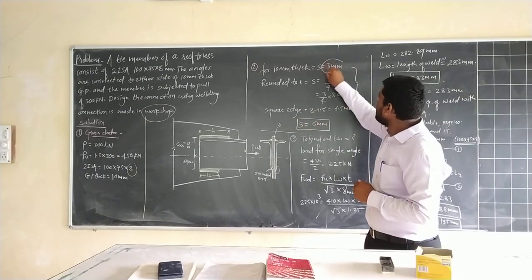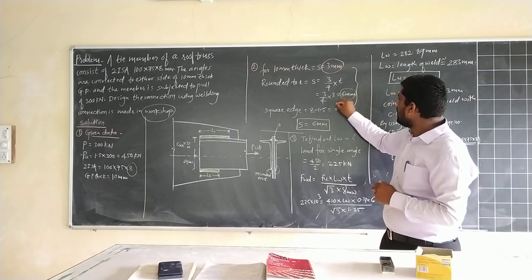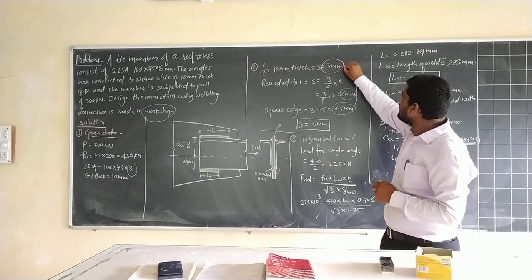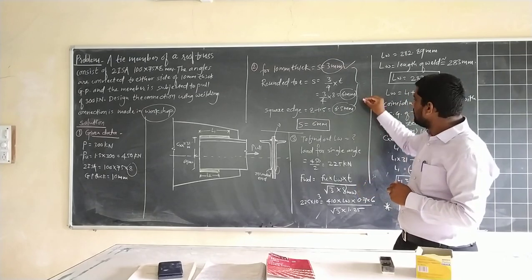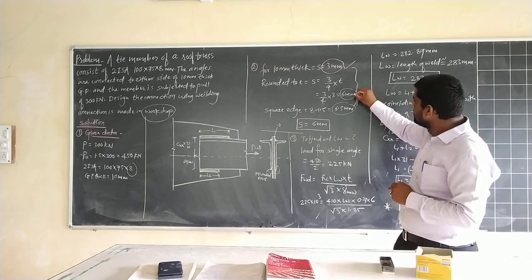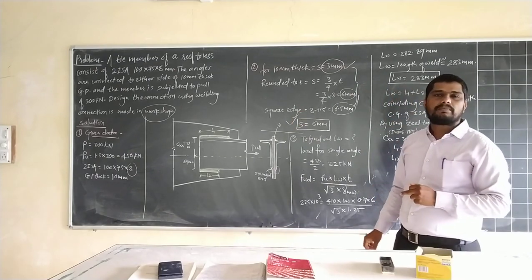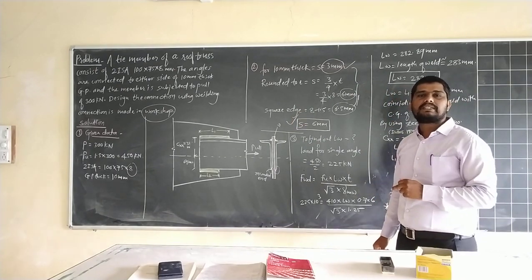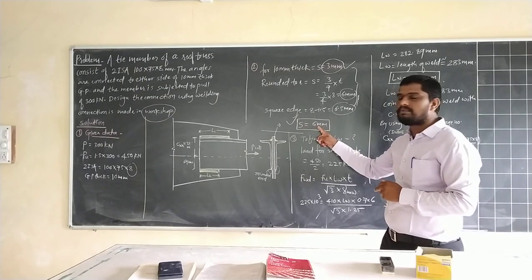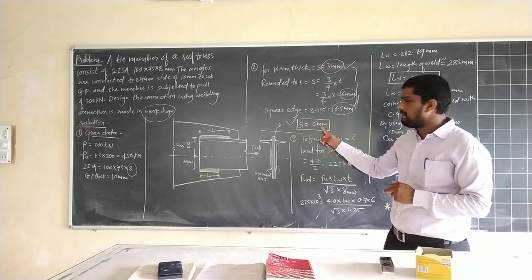So 3 mm, 6 mm and 6.5 mm. This is the minimum criteria. And in between these, 6 to 6.5, we provide the size of the weld S equal to 6 mm. So the size of the weld we are going to adopt is 6 mm.